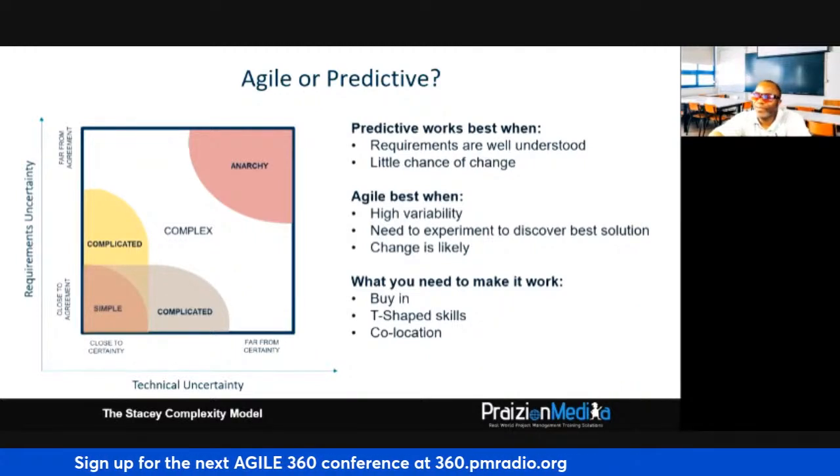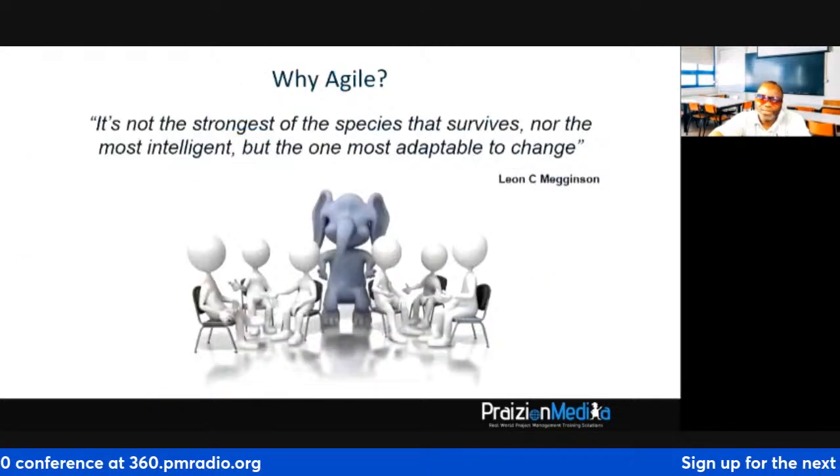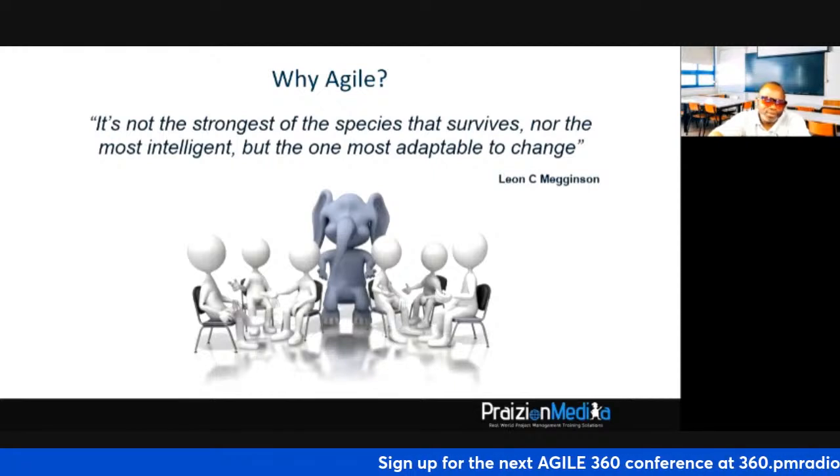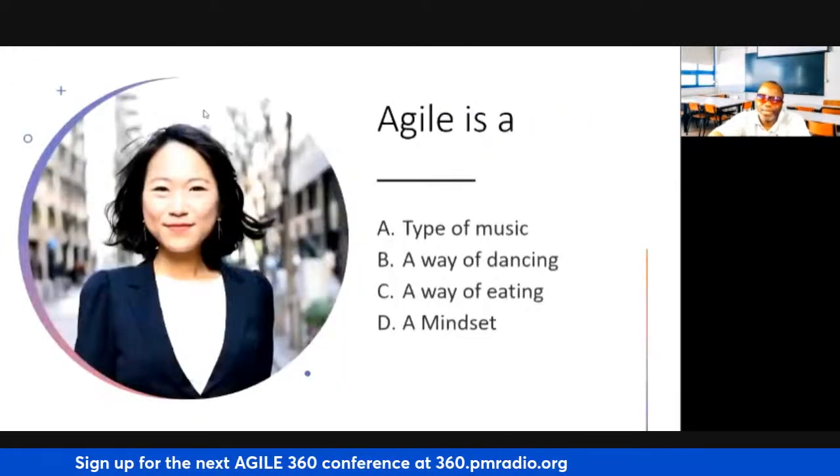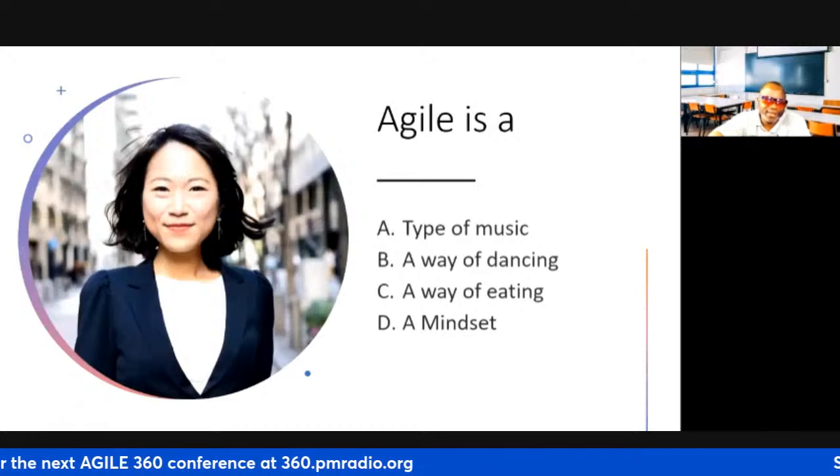All right. And then the other thing you need for Agile to work is co-location. So we've already established that it's not the strongest of the species that survives, but the one that is most adaptable to change. So what is Agile based on the little discussions we've had so far? What do you think?